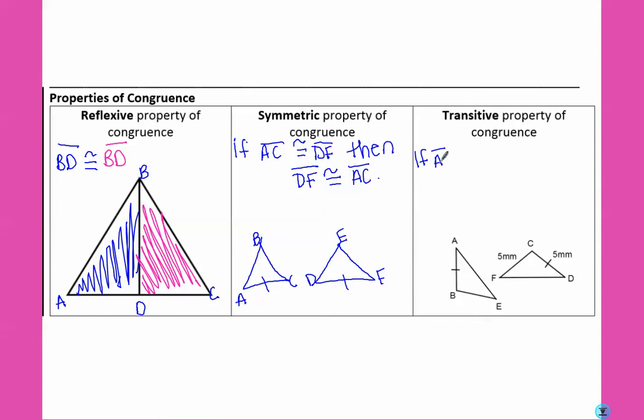If AB is congruent to CD, which we know from their markings, and we know that CD equals 5 because that's labeled, then we also know that AB also equals 5.